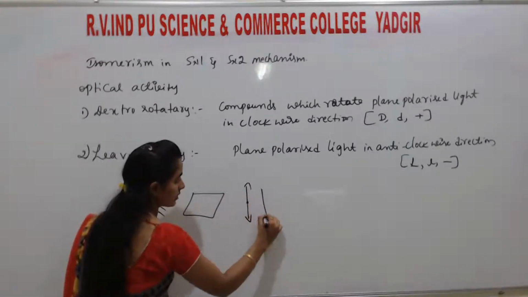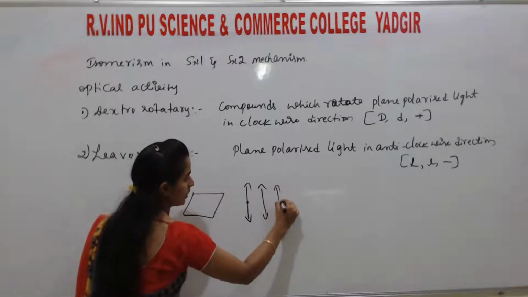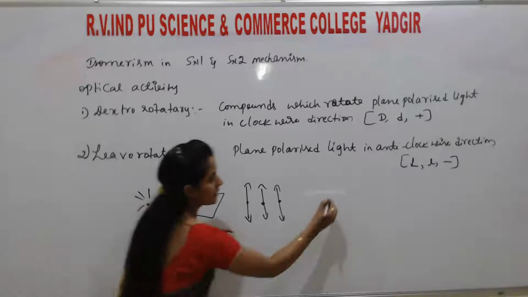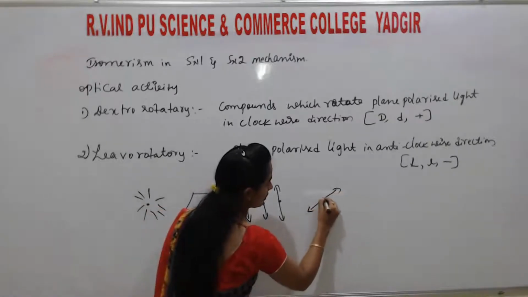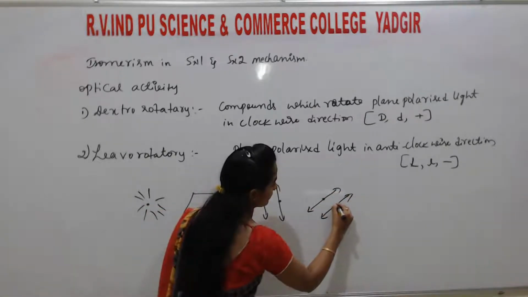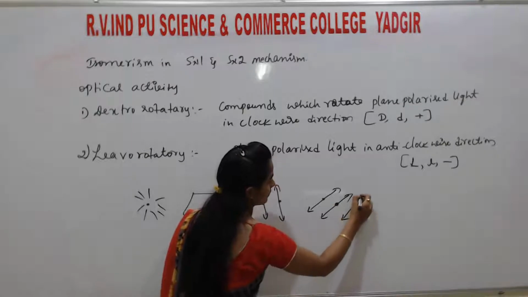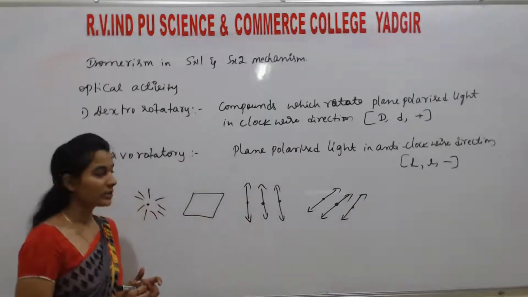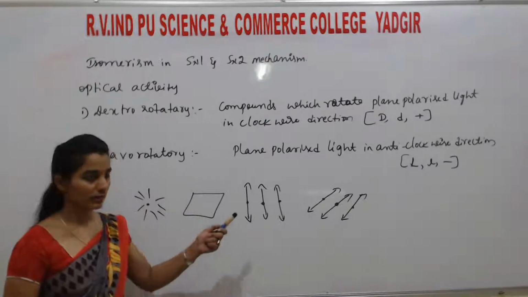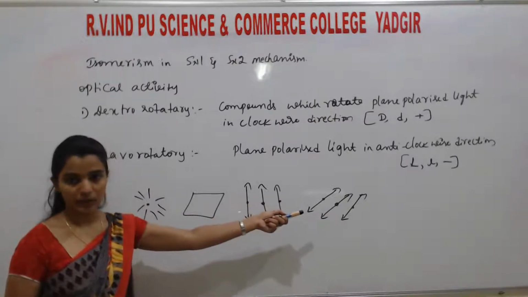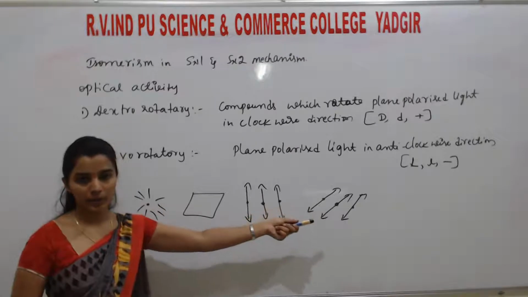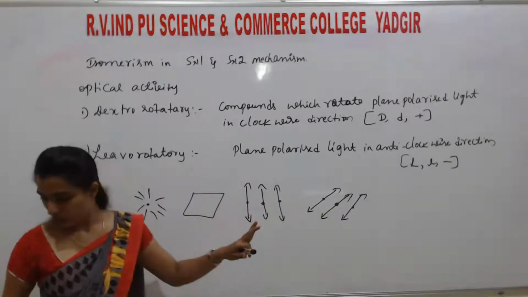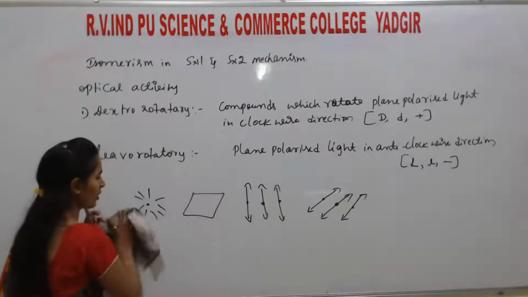This one is plane polarized parallel, and this one is perpendicular to it. Either parallel or perpendicular depends on this. This is plane polarized light that will come in physics, don't bother about it.